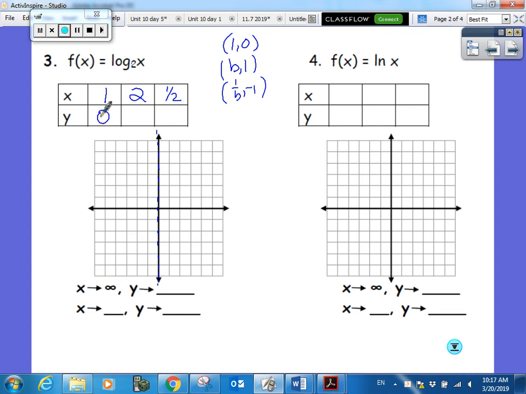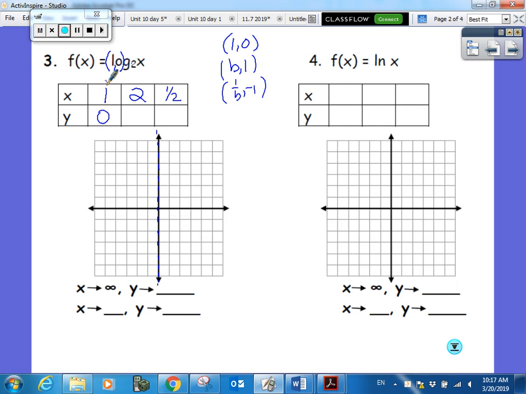Now, one way I remember that is look at this right here. Log, there's the point 1, 0, right there, LO. Okay, so that's how I remember it's 1, 0, and then I just remember exponential is the opposite of that. Okay, and then logs, L is up and down, so that reminds me that the asymptote is up and down with the L. Okay, if you need some help remembering that.